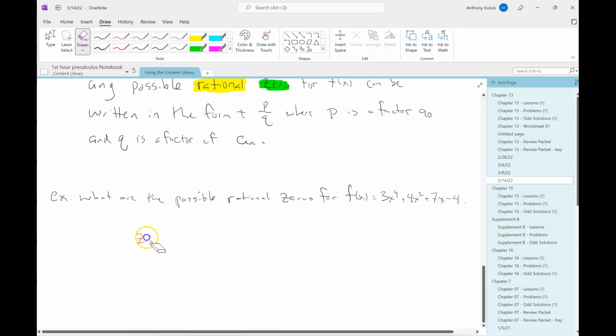So we know that those are of the form P over Q, or plus or minus P over Q, right? And P is going to be factors of the constant term. What's the constant term in our polynomial?